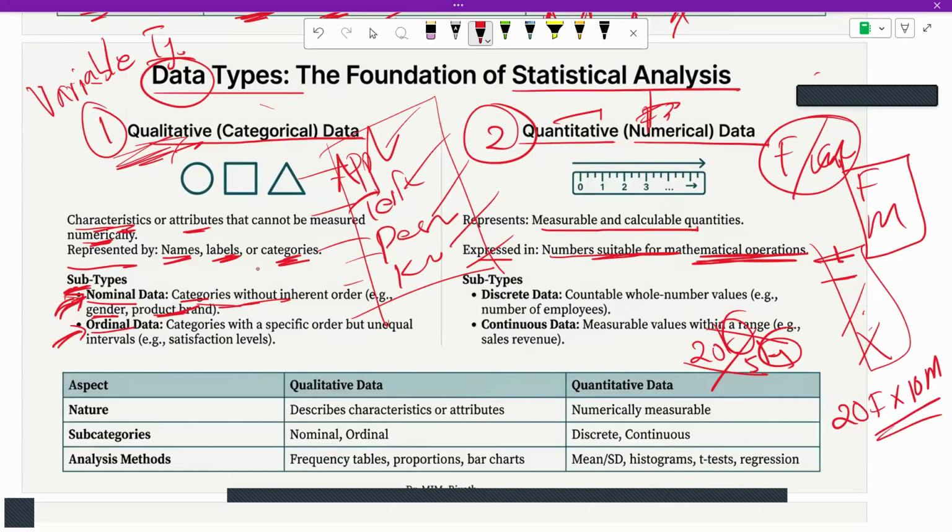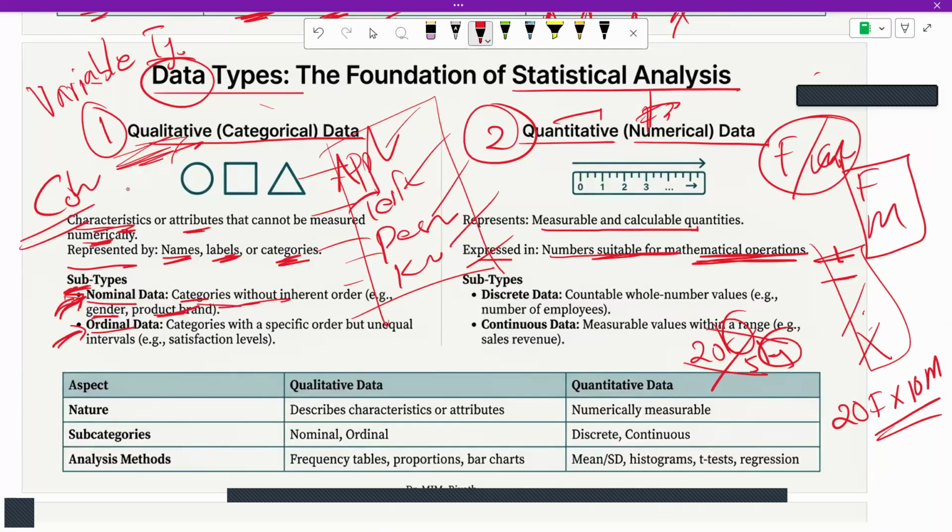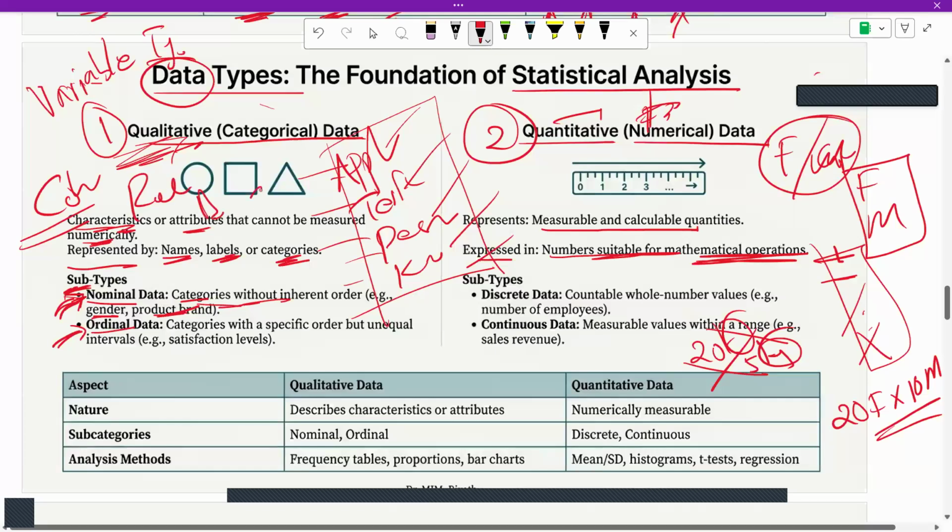We can't order the labels. So we use them just to classify. Say color. Color is what? The color is categorical, not ordinal. You say red, blue, green. So these are the classes, right? These are the categories of some type classes.